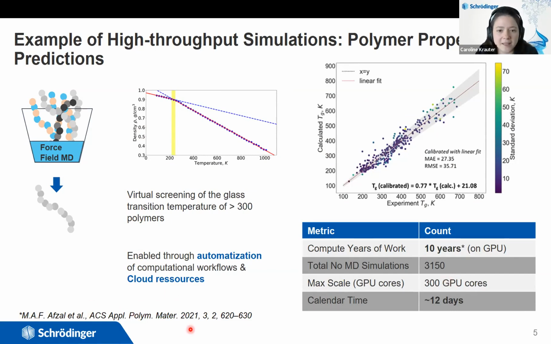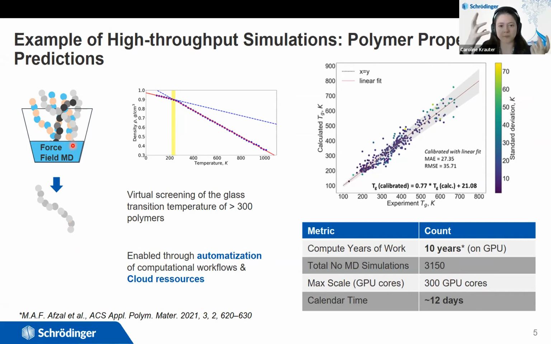So we did here a molecular dynamics large-scale high-throughput mega run, where we screened the glass transition temperatures of a bit more than 300 polymers using an automated workflow that we pre-built that takes the different polymer chains or the monomers, builds up polymer chains, puts them into a simulation box.